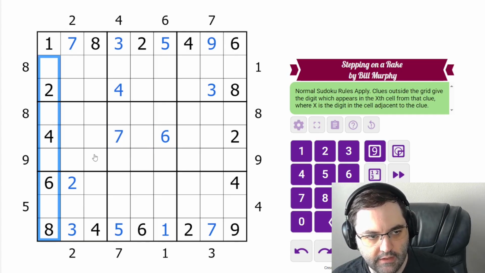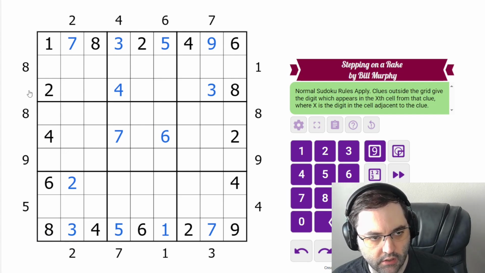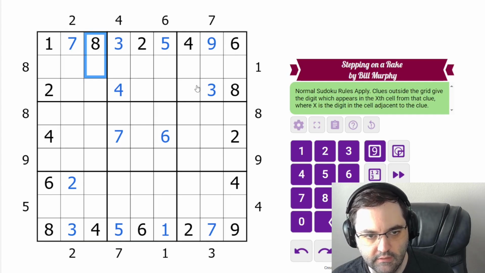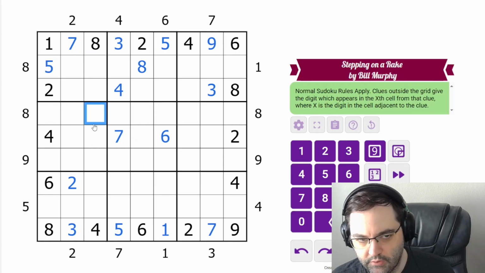All right, let's look down the left column. We again have 3, 5, 7, 9, and we're looking at 8 in this row. 8 can't go in the 3rd cell because of this 8, and it can't go in the 7th or 9th cell, so it must be here with a 5. 8 still can't go in the 3rd cell.